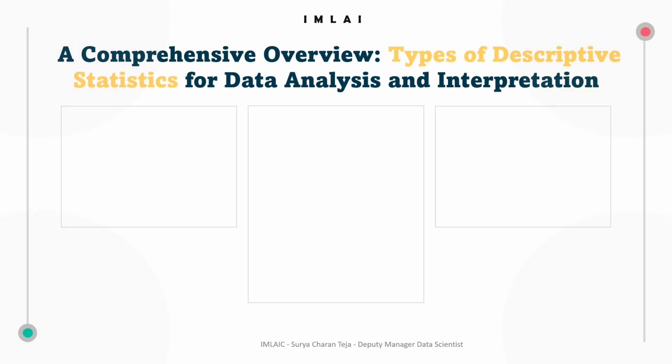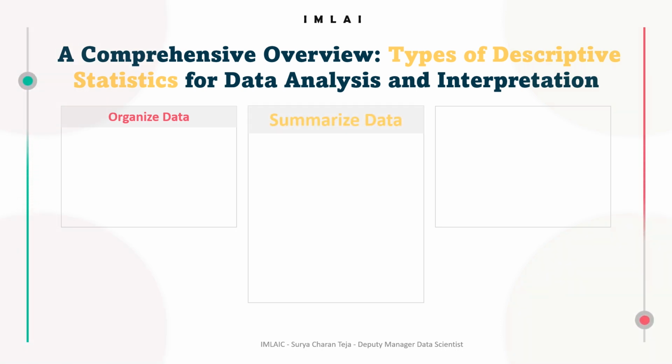So, a comprehensive overview of types of descriptive statistics. Yes, certainly there are some types of descriptive statistics which are categorized into organized data. So here, this organized data category consists of various tools that are used to organize your data. And second one, we have the summarized data.